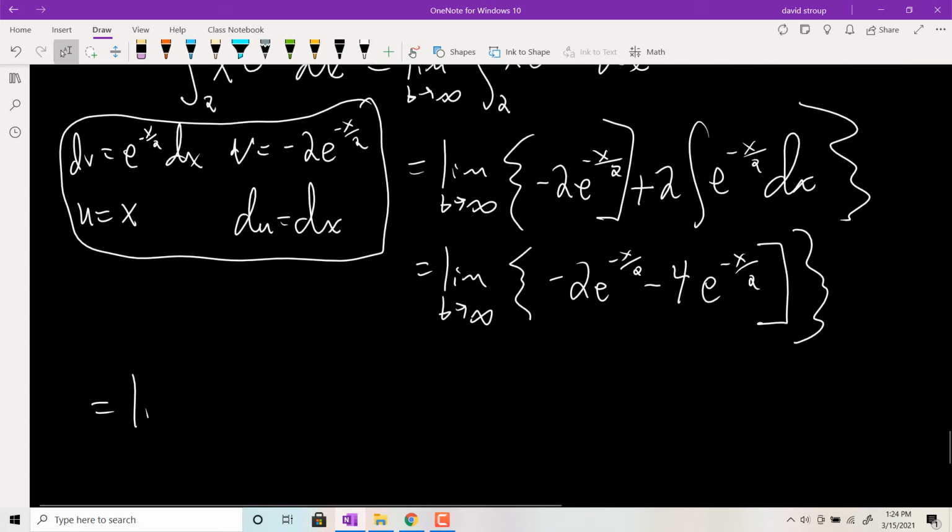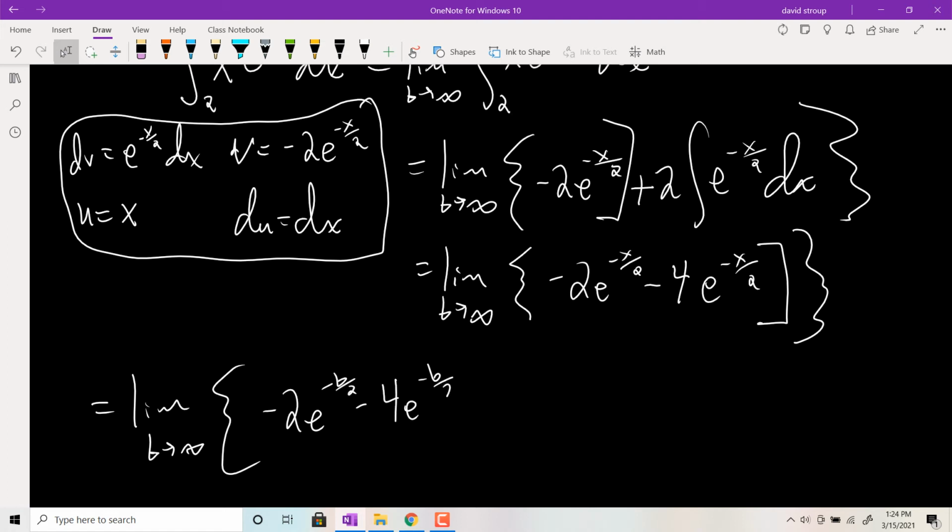So that will equal the limit as b goes to infinity of negative 2e to the negative b over 2 minus 4e to the negative b over 2 minus, then, well, I guess you could combine those, right? I wonder why I didn't combine those in my notes. Oh, I lost an x. That's why. So there's an x here. There's an x here. I apologize.